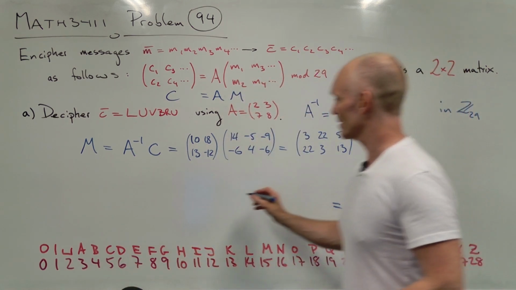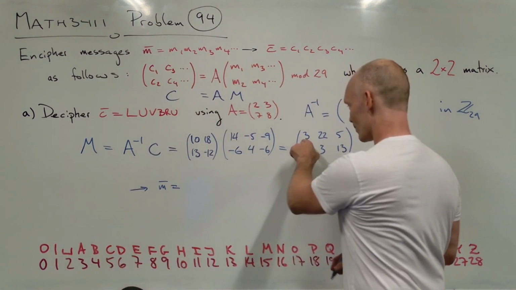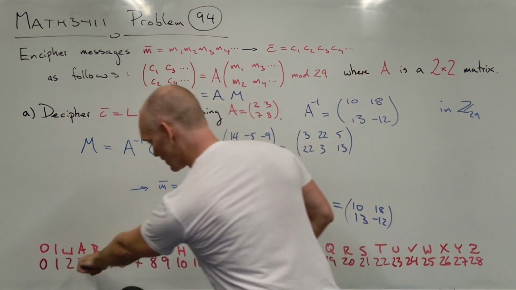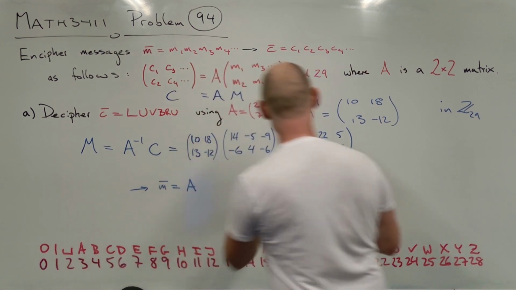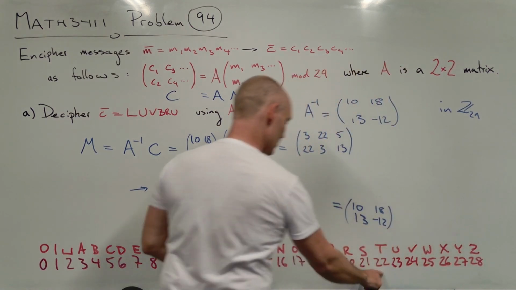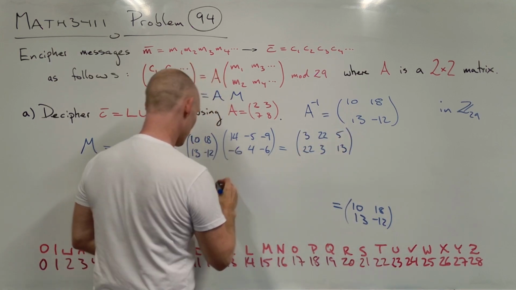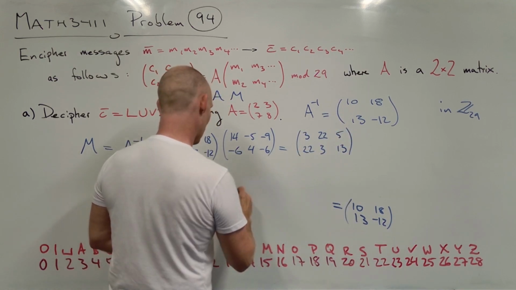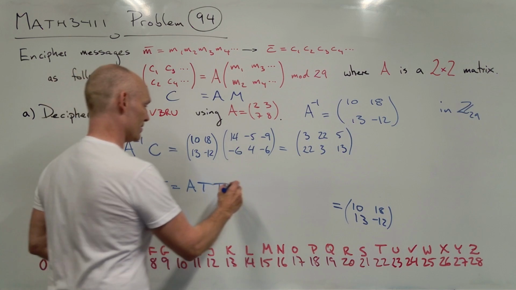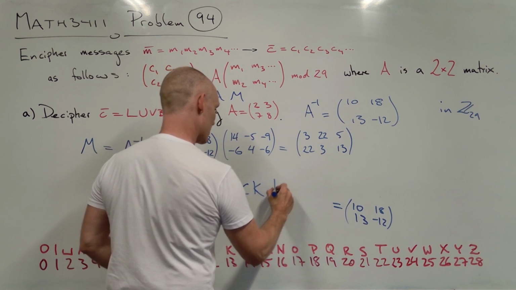Well, I suppose that means the message is equal to, the first letter is given by 3, so that's an A. The second letter is the 22 here, and that represents the T. And then we have another 22 there, so we're reading column by column. And 5 is C. Oh, okay, let's check. Yep, K is 13. Attack!